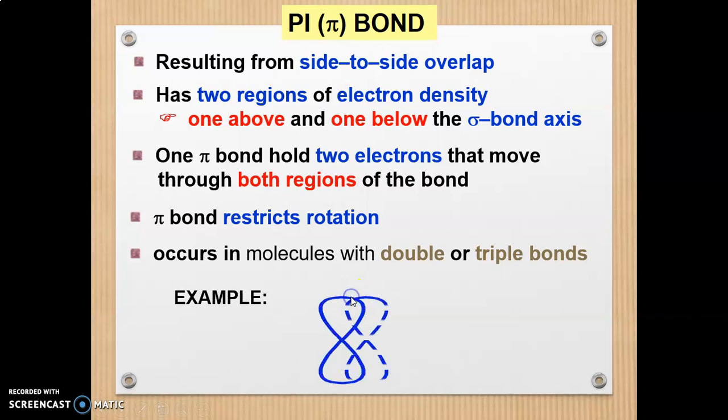Example. So we have orbital p here. This p orbital overlaps side to side to form the pi bond. So this is the two regions, one above and one below.